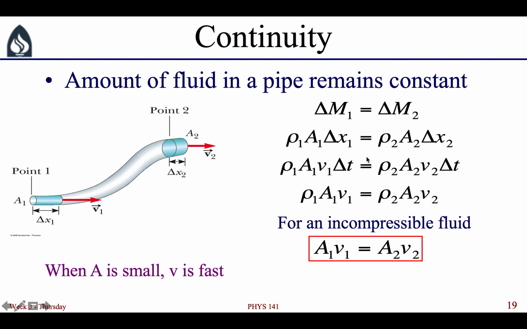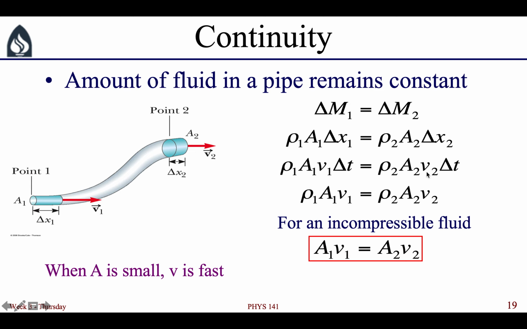So next, what we can do is we can say that the distance that the fluid travels into the pipe is equal to the speed with which the fluid is flowing into the pipe times the amount of time. So distance is equal to velocity times time, assuming a constant rate of flow. And the same expression holds for the distance at this end of the pipe that is losing fluid as the fluid squirts out.